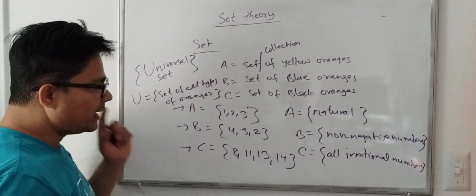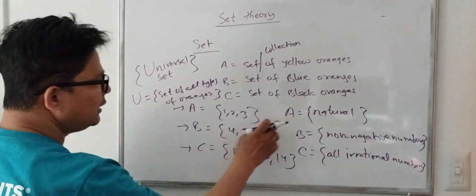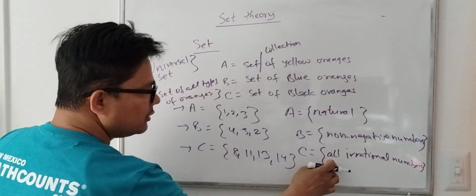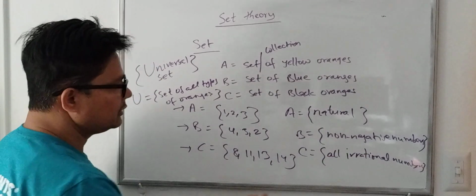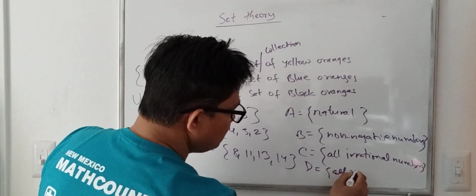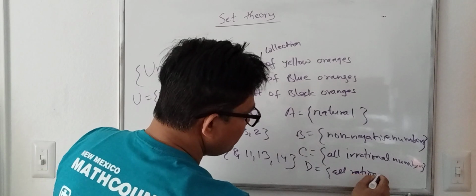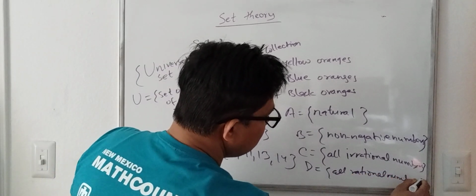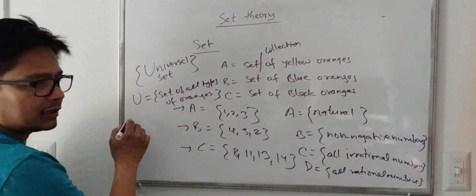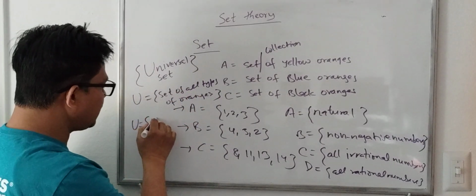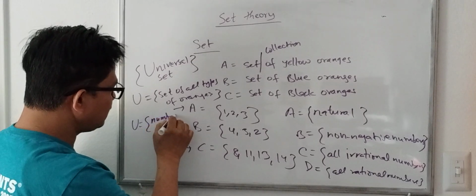Now let's think about maths. Here we define natural numbers, non-negative numbers, irrational numbers, or let's say D is all rational numbers. So we can define a universal set that is just all types of numbers.